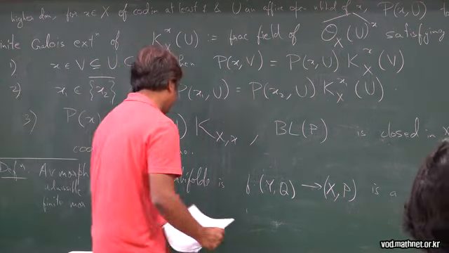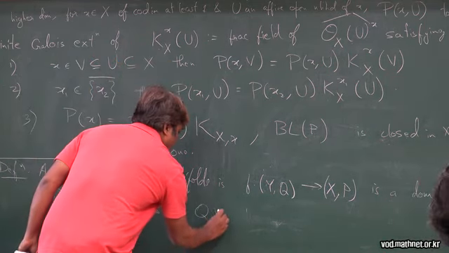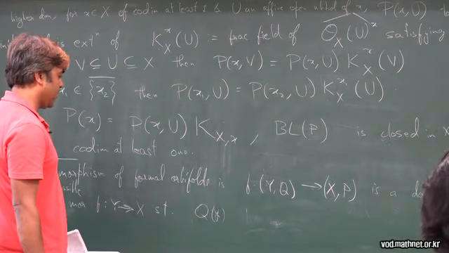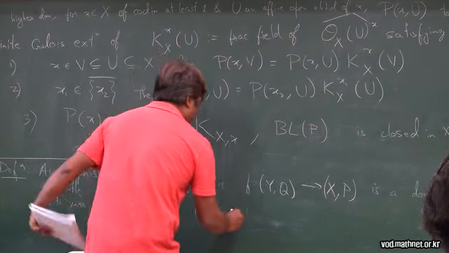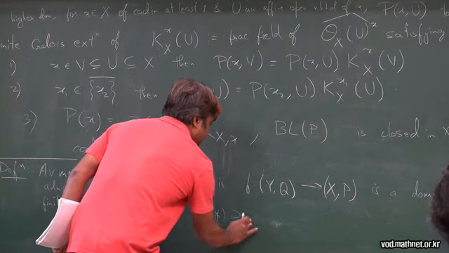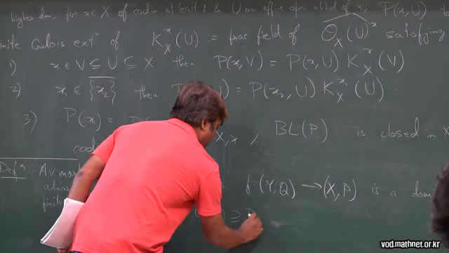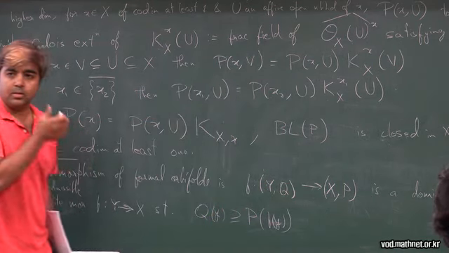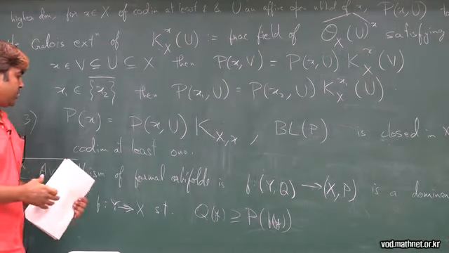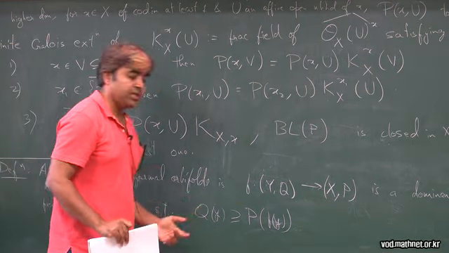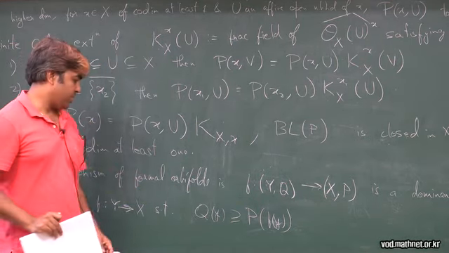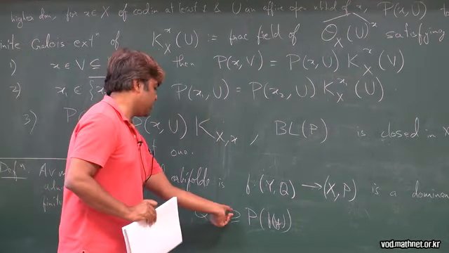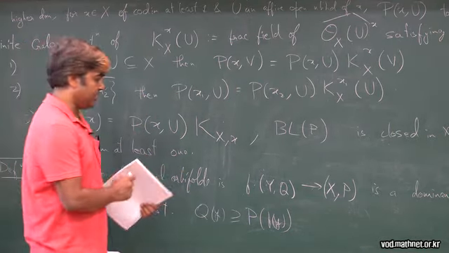this q_y, for any point y of codimension at least one, q_y should contain p of f(y). Okay. So q_y is a Galois extension of k(y). It should contain p of f(y), and we say that this morphism is étale if it is an equality here.